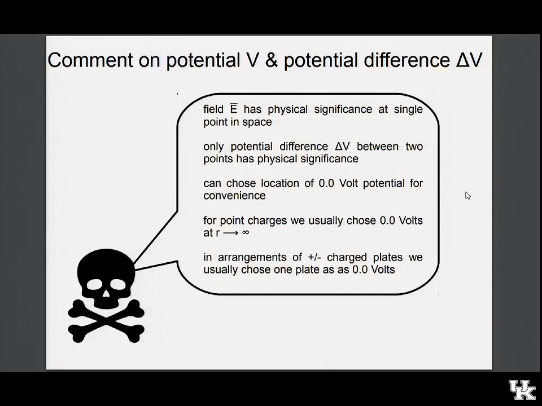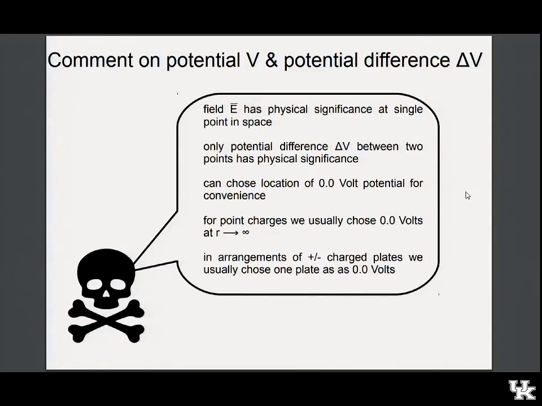When we talk about the electrical potential, the only thing that's physically significant is actually the change or the difference in electrical potential between 2 points. So that's a bit more complicated than our language for the field. The only thing that's physically significant for an electrical potential is potential differences between two locations, between 2 points in space.